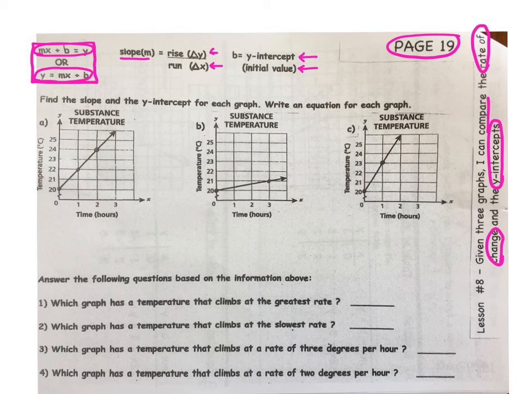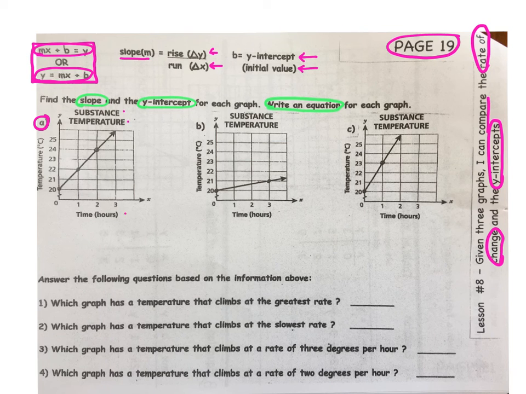The directions state, find the slope, or the rate of change, and the y-intercept for each graph. Write an equation for each graph. Let's take a look at letter A. Substance temperature.